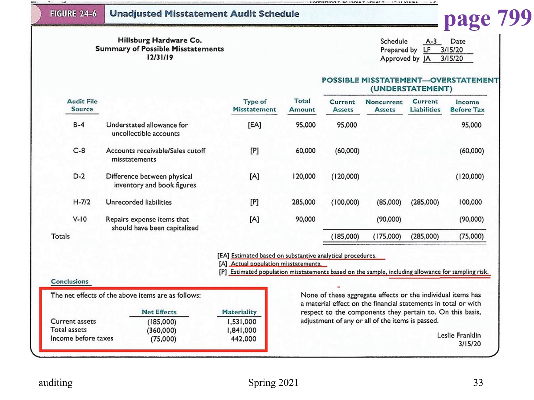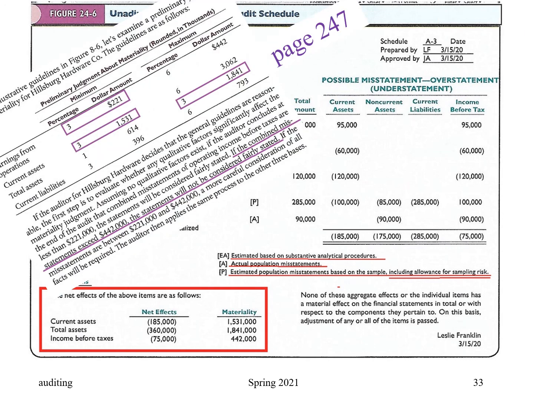Down at the bottom in the lower left-hand corner, you can see that the effect on current assets is nowhere near material. The effect on total assets is nowhere near material. The effect on income before taxes is nowhere near material. So I'm happy. Where did those materiality levels come from?